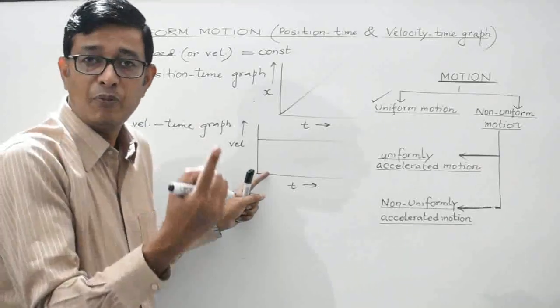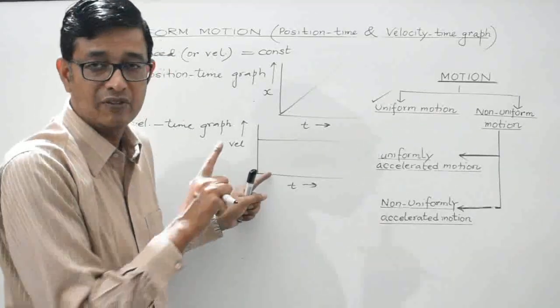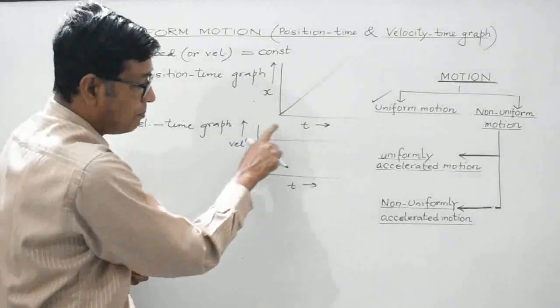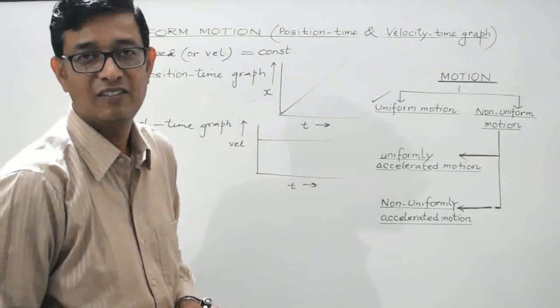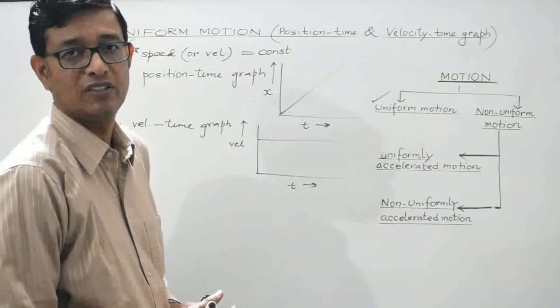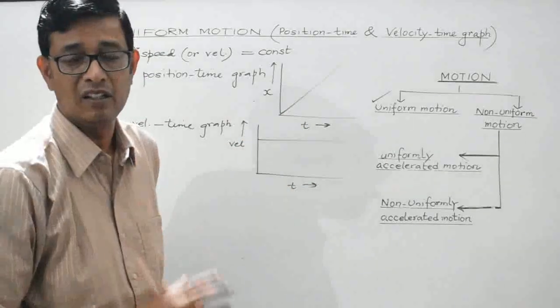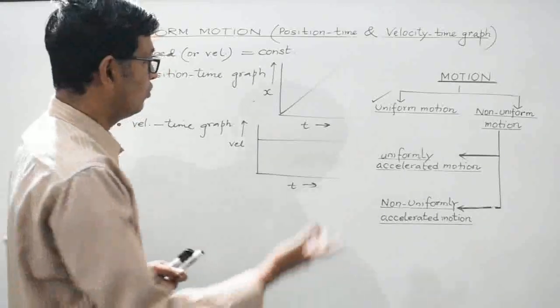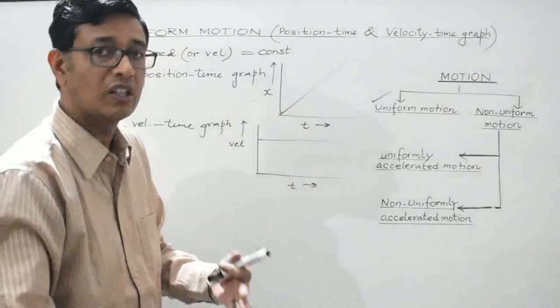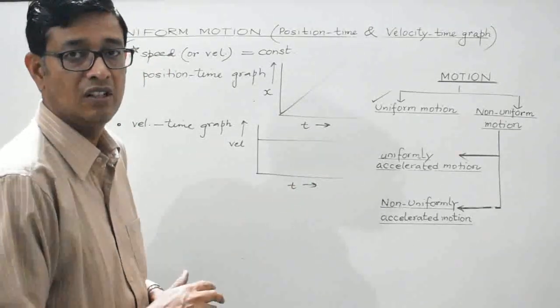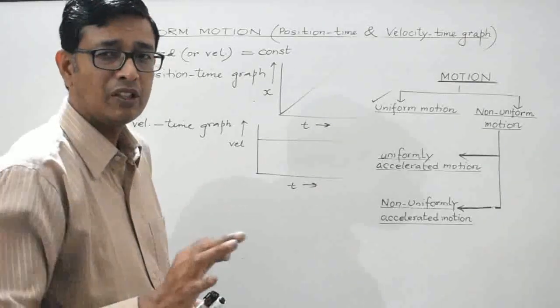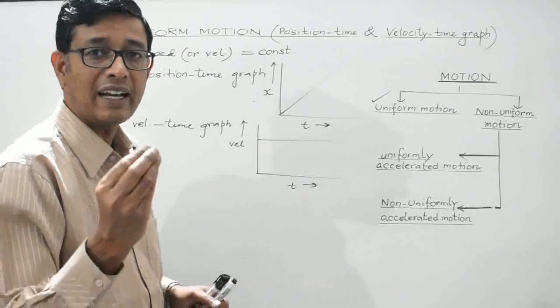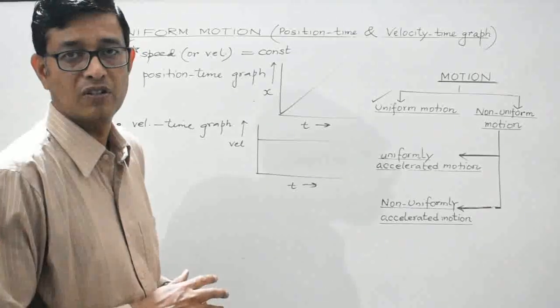So, if a body possesses uniform motion, then its velocity time graph is a straight line parallel to the time axis. Right? I'm repeating these 3 points. We'll discuss these graphs in detail. I'll show how to plot these graphs and what's the significance of this graph. That also we are going to discuss right in this session. For the time being, we are simply theoretically discussing the important characteristics of uniform motion.